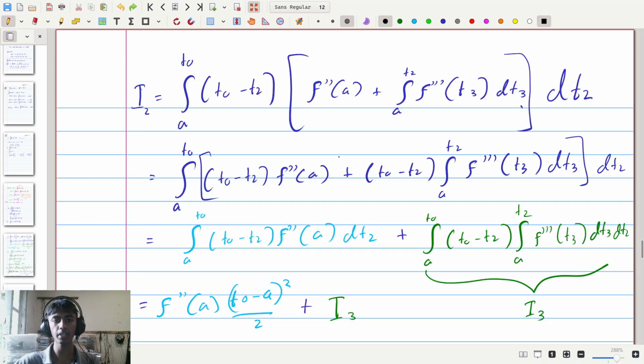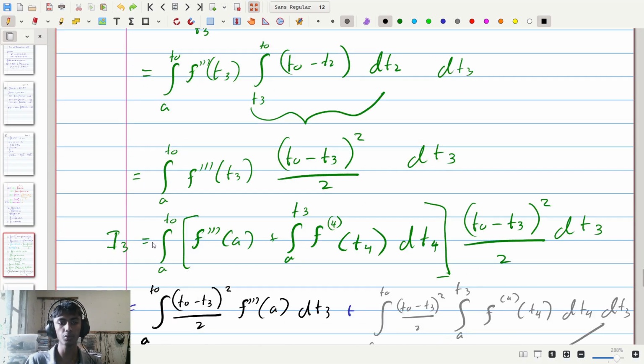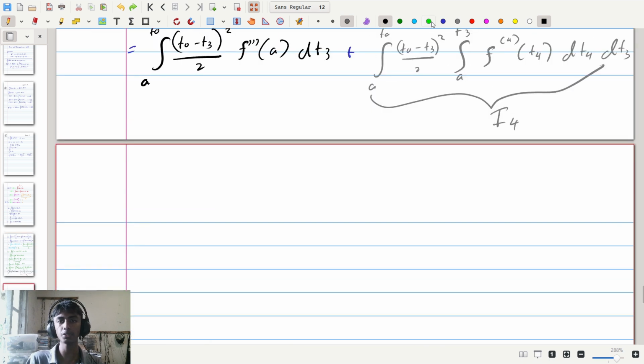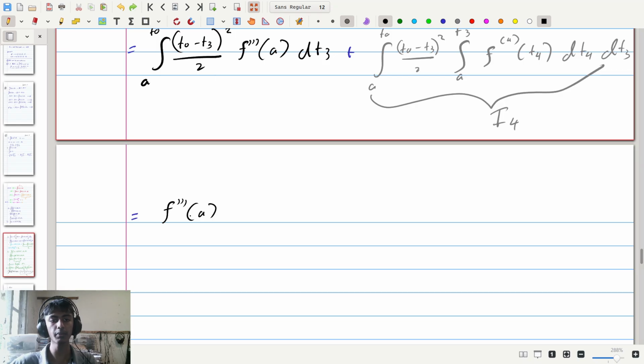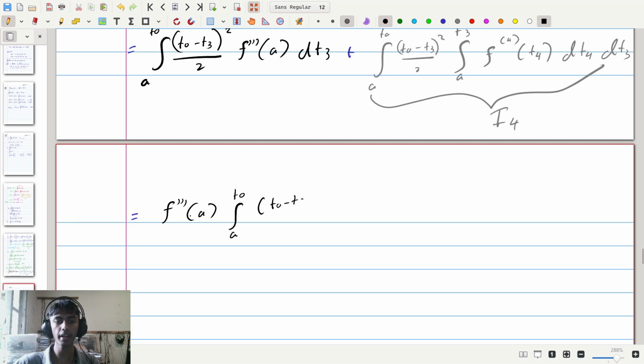Taking that part out, this is equal to f triple prime of a multiplied by the integral from a to t0 of (t0 minus t3) squared by 2 dt3, and then plus the additional I4.